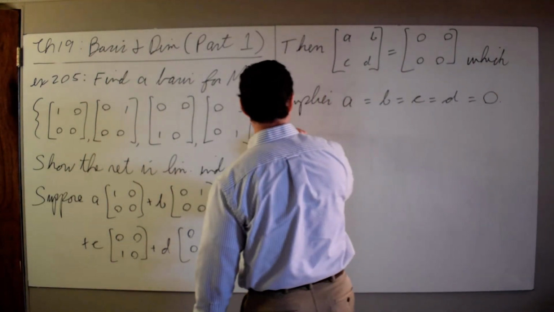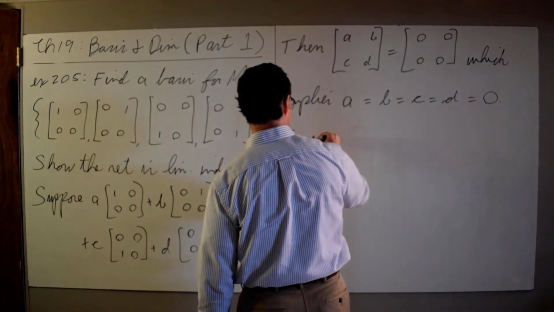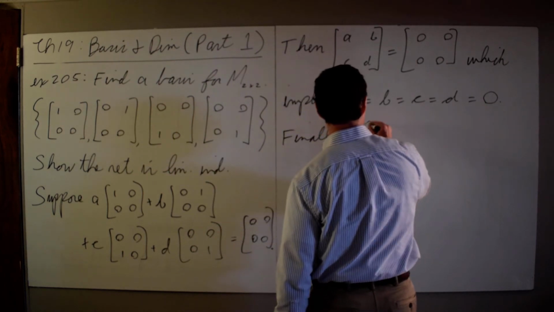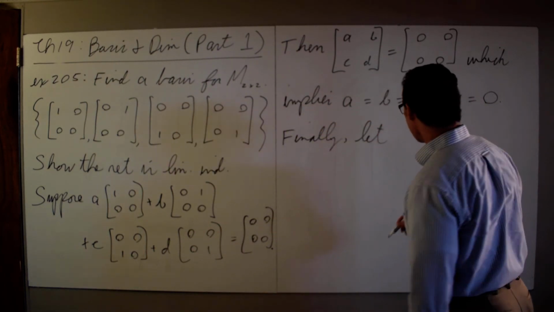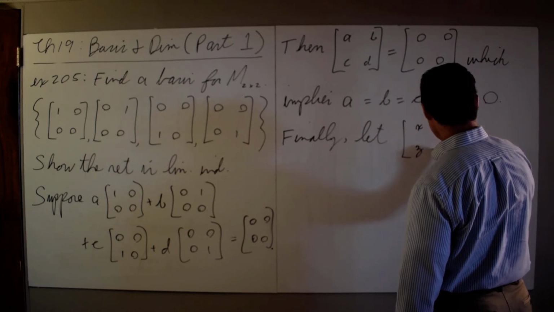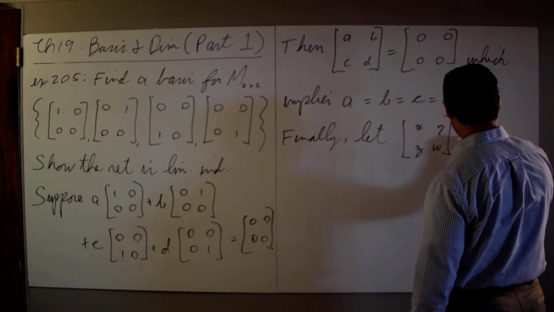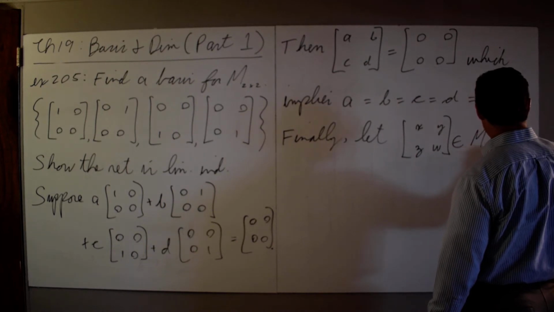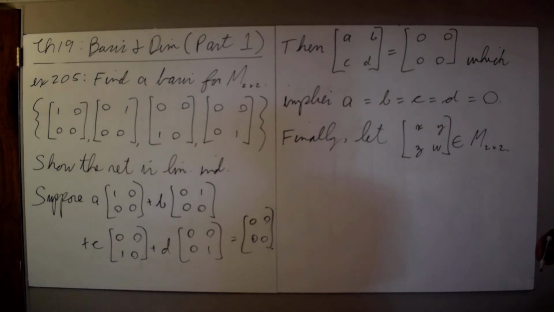And then finally, let x, y, z, w be an element of this vector space.